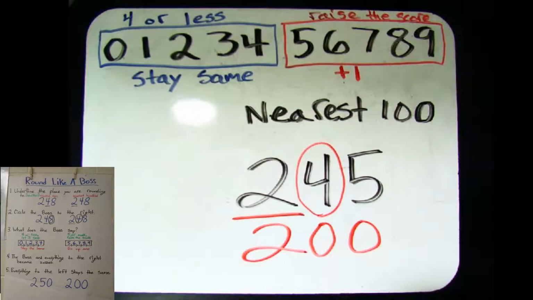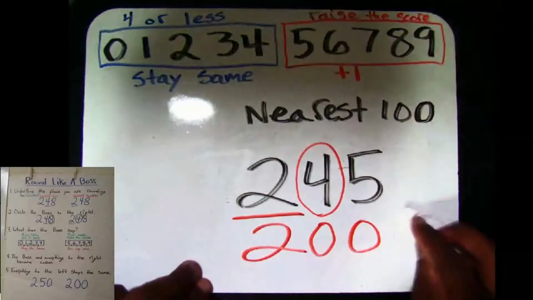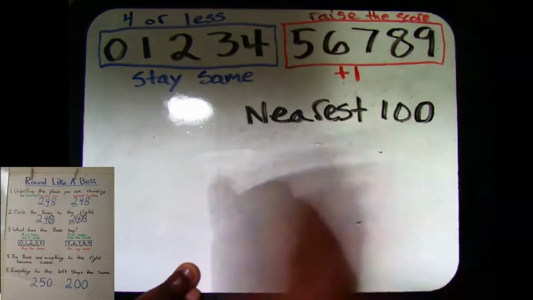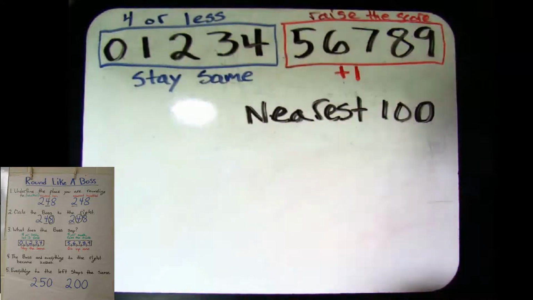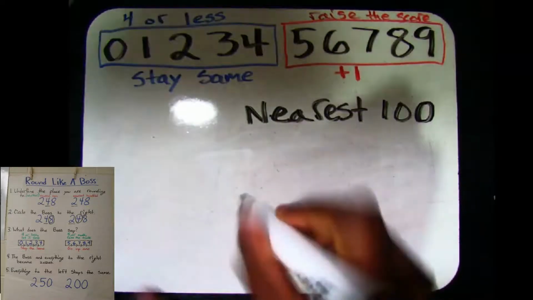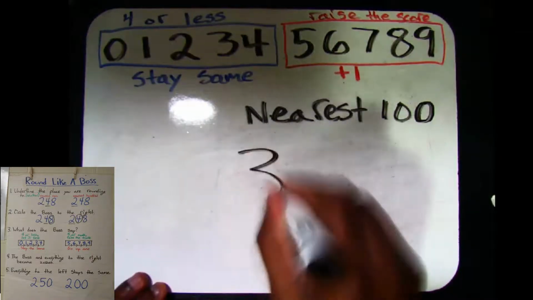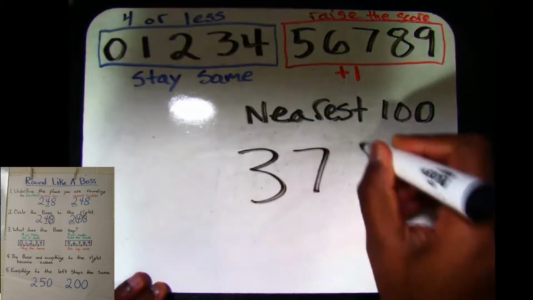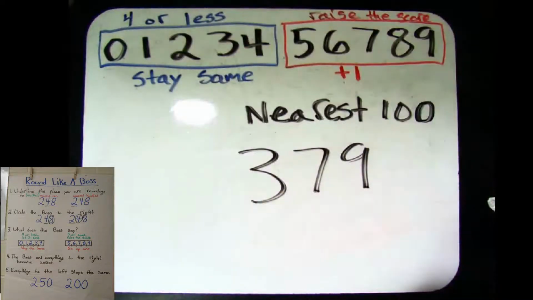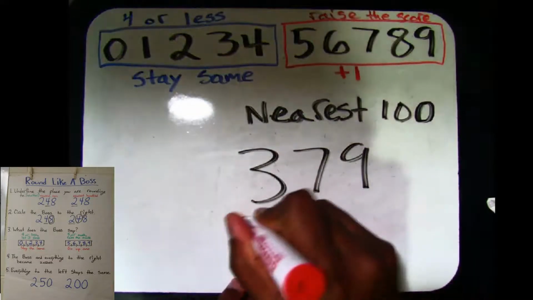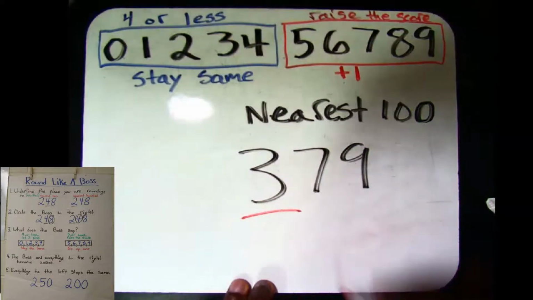All right, so the next number we're going to do is 379. Which digit is in the hundreds place? It is going to be the 3. Who is the boss of the 3?